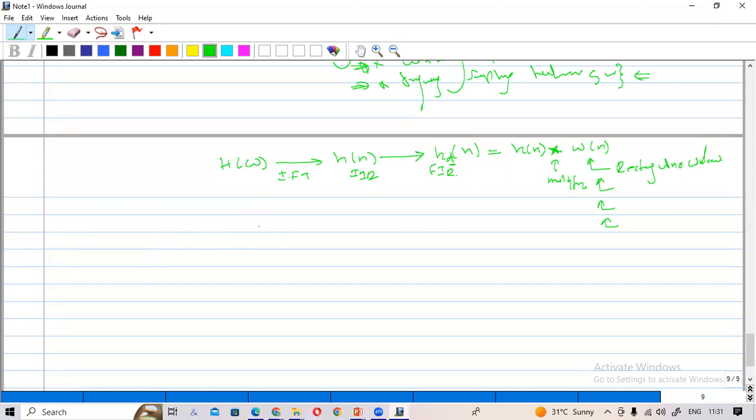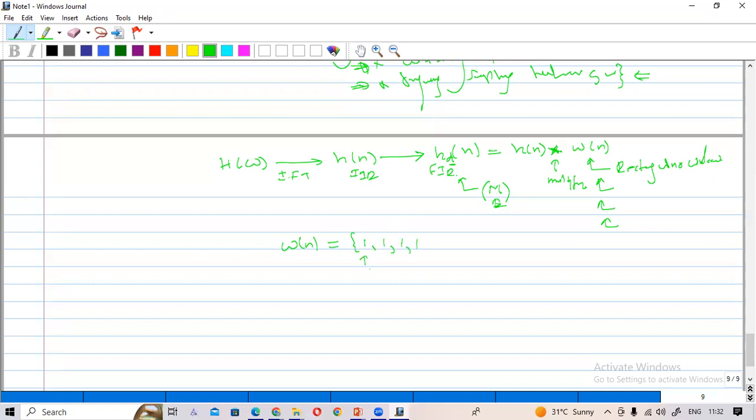Let's say you are asked to get m number of samples for the desired hd[n]. Then you can define your w[n] as 1, 1, 1, 1.